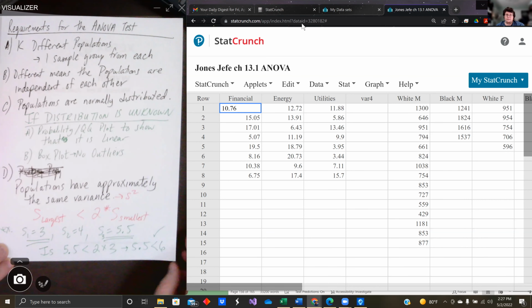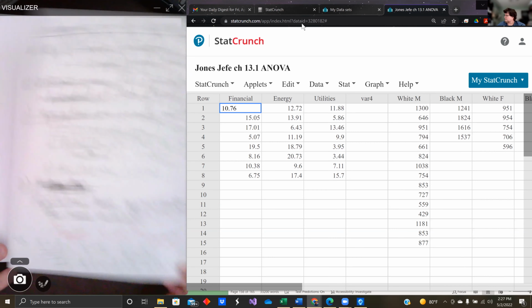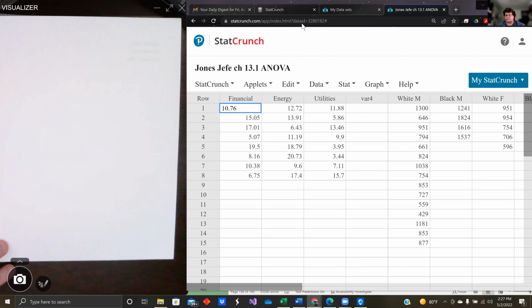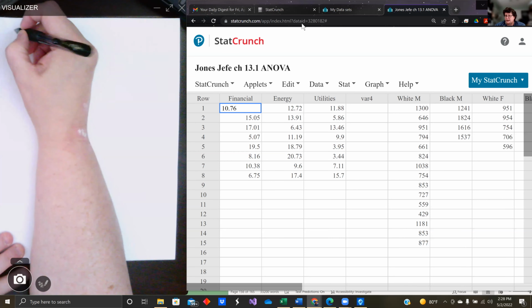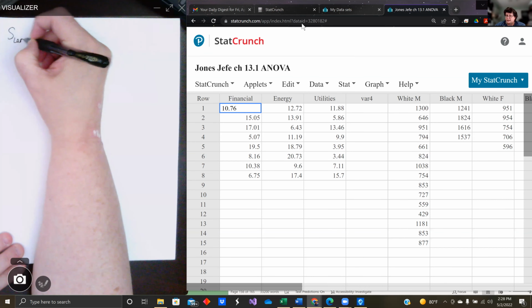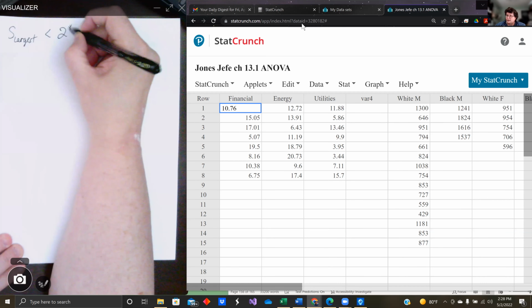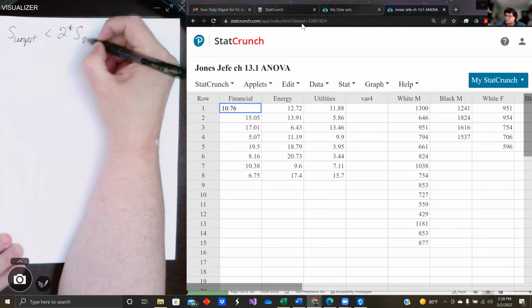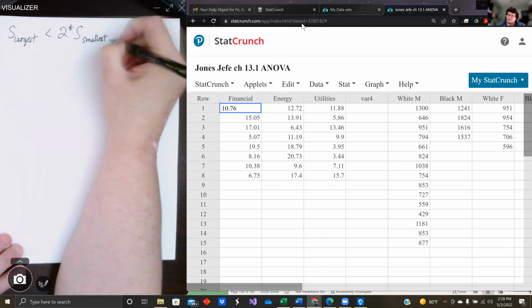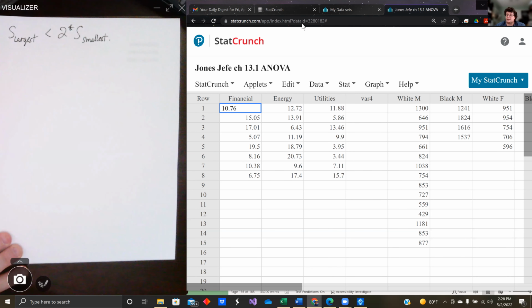All right, if you need it up longer, let me know. So I'll rewrite that again here. S largest needs to be less than 2 times the standard deviation of the smallest, or the smallest standard deviation, I should say.